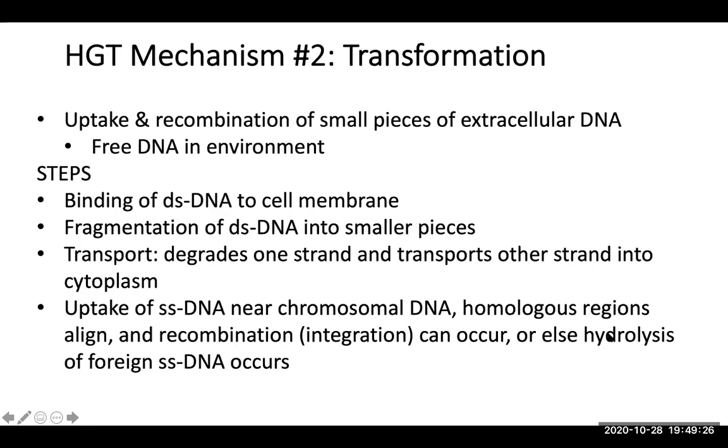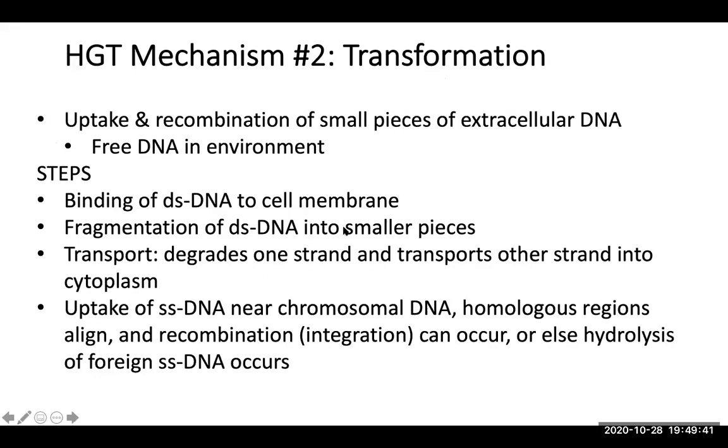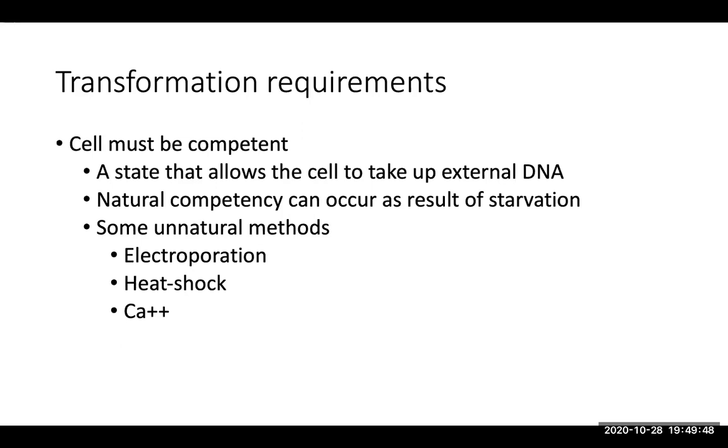And so if it doesn't occur, what will happen instead is that it will chop up or hydrolyze that foreign single-stranded DNA, okay? And so this is the natural way that cells do this, but if you wanted to force this to happen in the laboratory, you can force cells to take up external DNA through some unnatural methods like electroporation, heat shock, or even calcium ions.